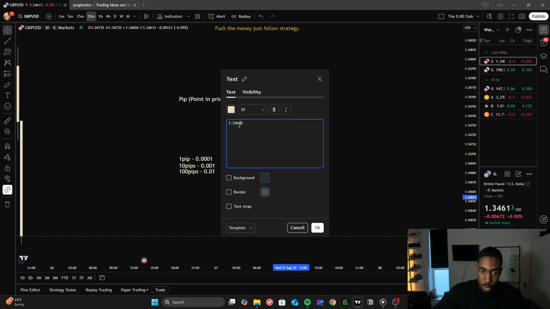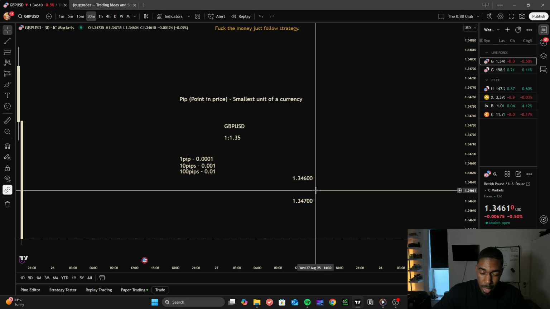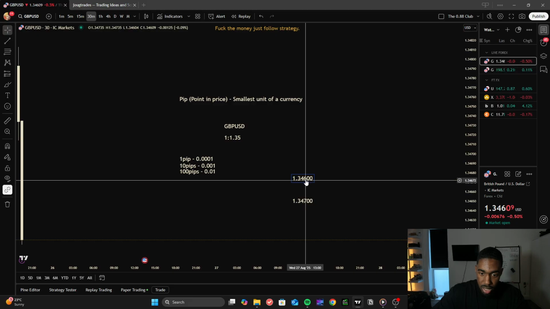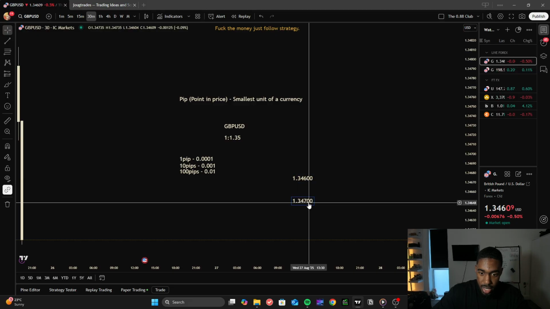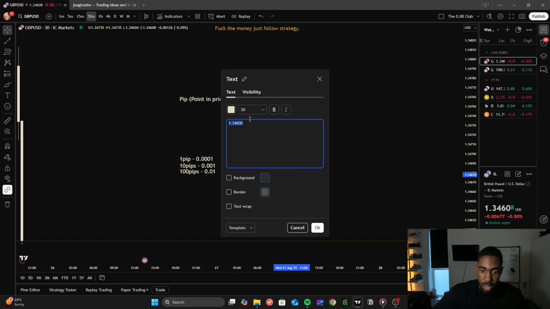Cool. What if it was this? This is a change of 10 pips, because that 3rd position after the decimal place, which is 6, has increased by 1 to 7. So that is 10 pips. What if it increased to this?